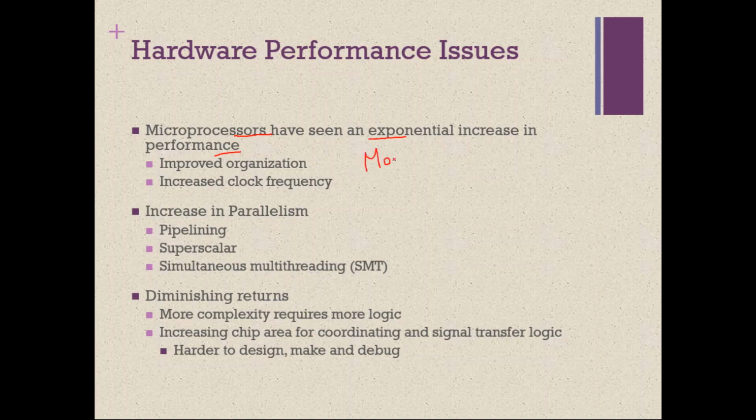So what does Moore's law state? Moore's law states that the number of transistors placed in a processor will double every 1 year. This is approximately what Moore's law states.